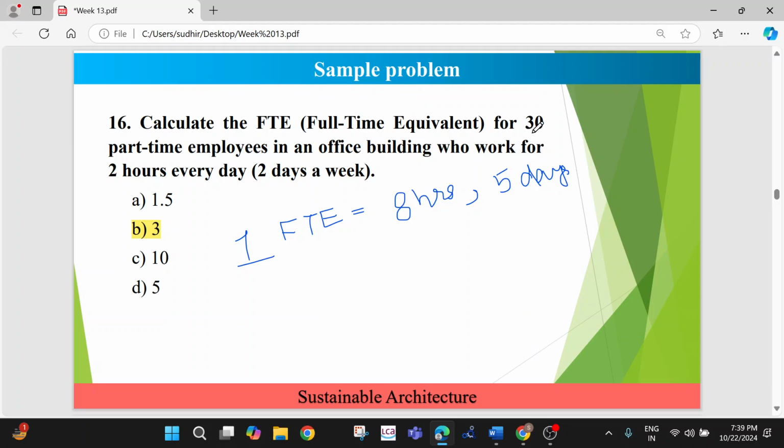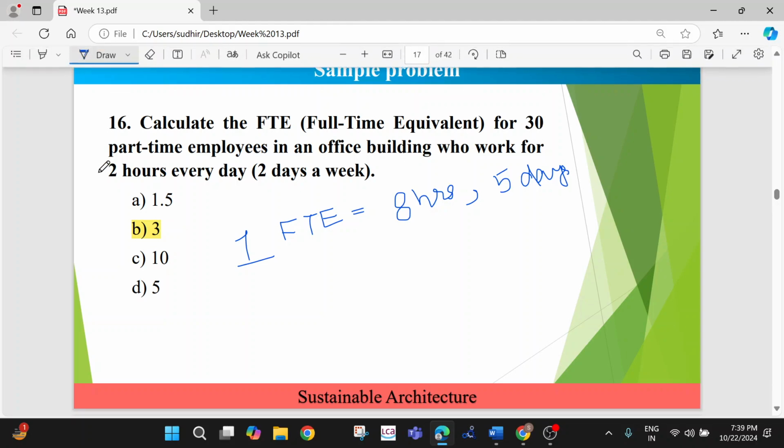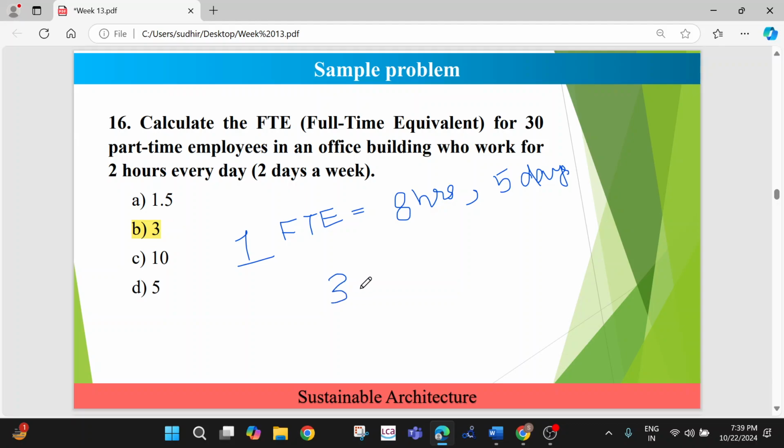If you try to calculate for these 30 part-time employees, and they are working for say 2 hours every day, but they would have worked for 8 hours, then they would have come under full-time equivalent. And apart from that, they are working for only 2 days a week, but they could have worked for 5 days a week. So this will be the relationship for calculating the full-time equivalent out of part-time employees.